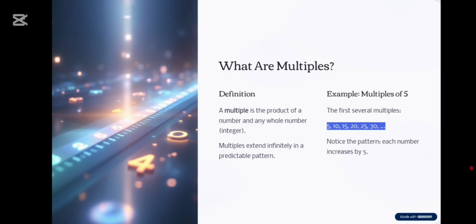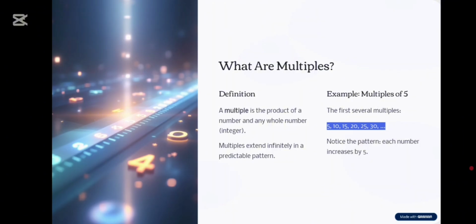In simple terms, a multiple is where a given number can go into without leaving a remainder. For example, the multiples of 5. So 5 is the given number, and we find the numbers that given number can go into.